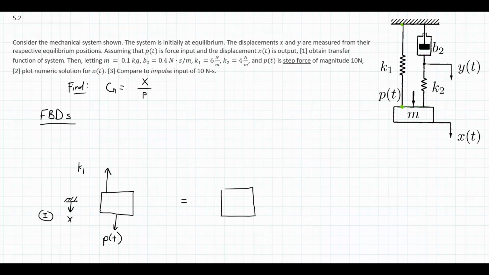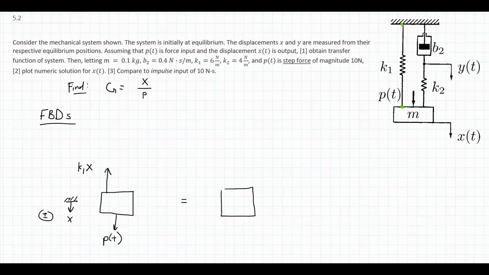If x of t is negative, K1 is in compression. So positive x causes a tension in K1, which means I want a positive K1 times x in this case. Right? So again, we want to stick with what value on the degree of freedom, positive or negative, puts it into tension. Here, positive x of t, so a positive K1x. That spring was relatively easier.